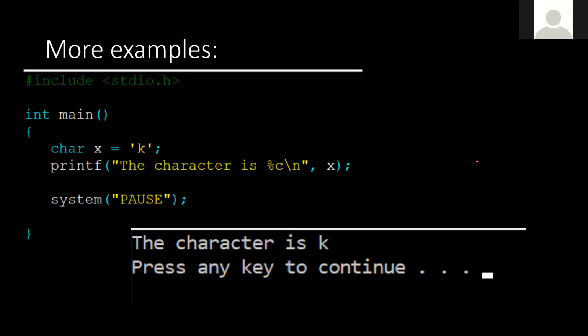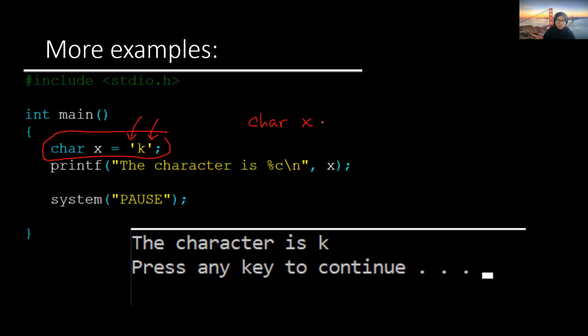Okay, now let's see an example. This is easy. Character, how you declare your single character. Char x equals, in just a single quotation. What happened if you put something like this? No, x, okay.